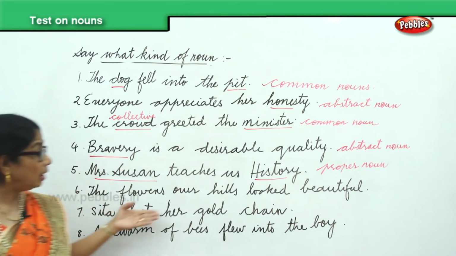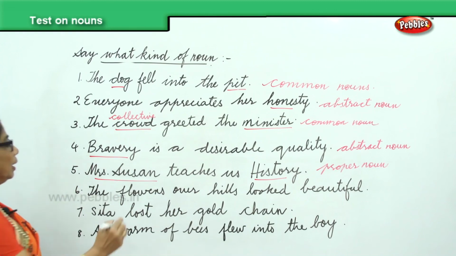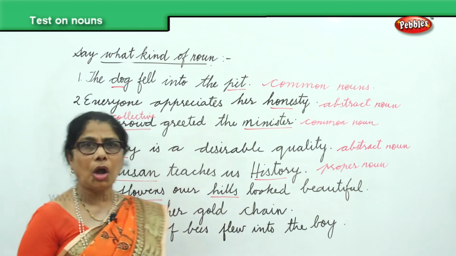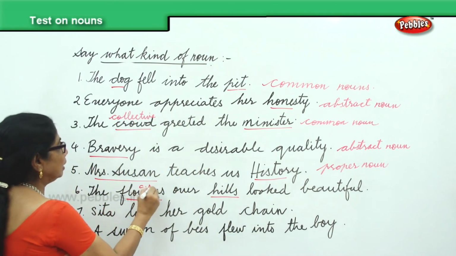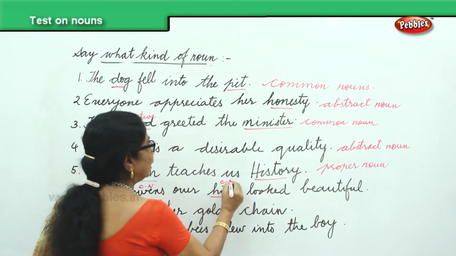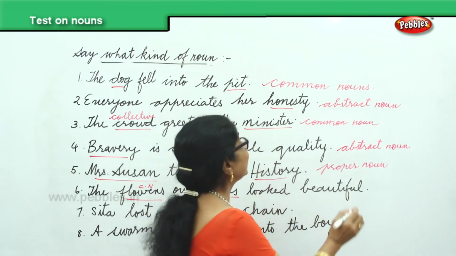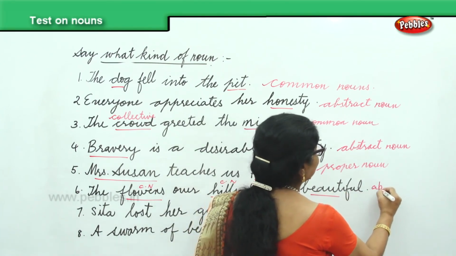Then the flowers over the hill looked beautiful. Now you have flowers, you have hills, they are common nouns. But you have here something beautiful. That's an abstract noun.